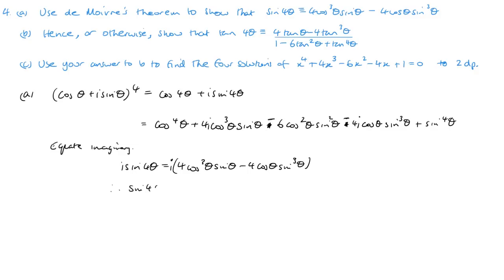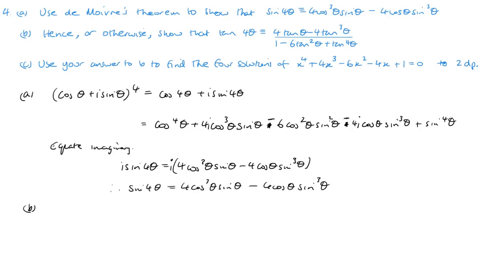Therefore, sine 4 theta is 4 cos cubed theta sine theta minus 4 cos theta sine cubed theta as required up here. Okay, so we've done part A.